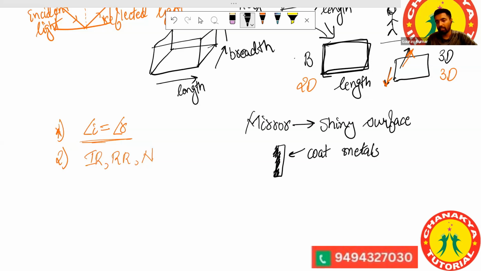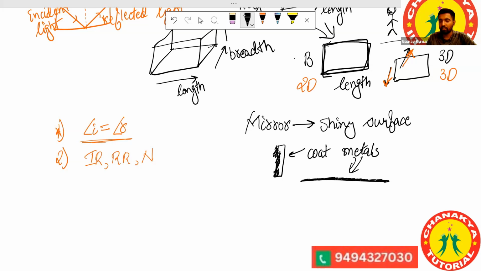There are some types of metals which allow the surface to be shiny and allow light to get reflected. So we coat the surface of the mirror with the help of metals.